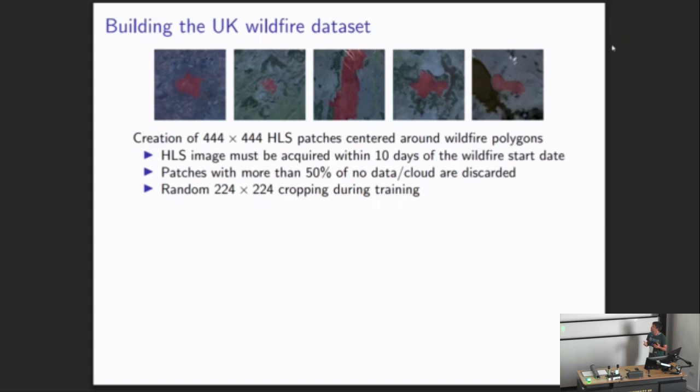I only selected HLS images that were available within 10 days of a given wildfire, and I removed all the patches where I didn't have a sufficient amount of data, so at least 50%. During training, I could then do some additional random cropping for data augmentation from these larger patches, while still keeping at least one pixel of wildfire.